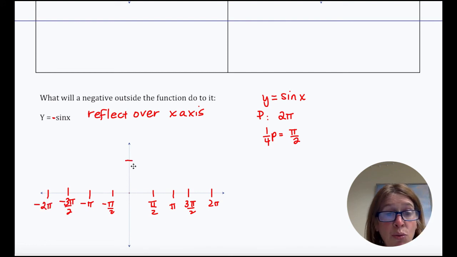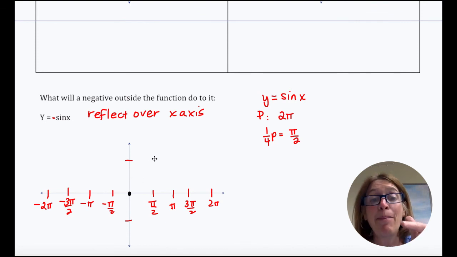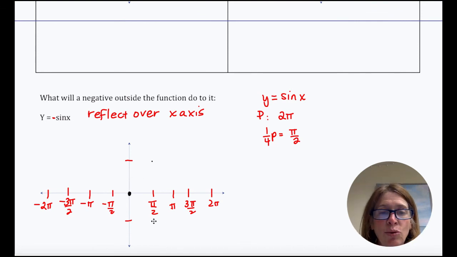Okay, my amplitude is 1 because remember amplitude is absolute value because it's distance. Now the only difference is I know where my midline is, so I always like to see my midline. Sine starts in the midline, but instead of going up here, it's going to go down to negative 1, then up to 1, and then down. And so on the other side, it's going to go up to 1, down to the midline, down to negative 1, and then up to 2.